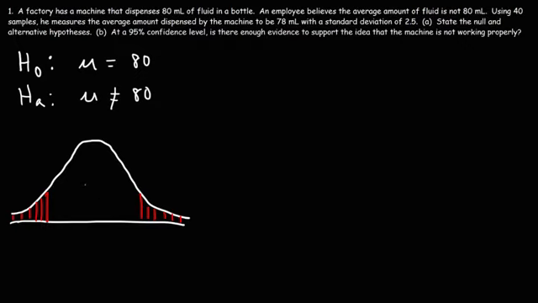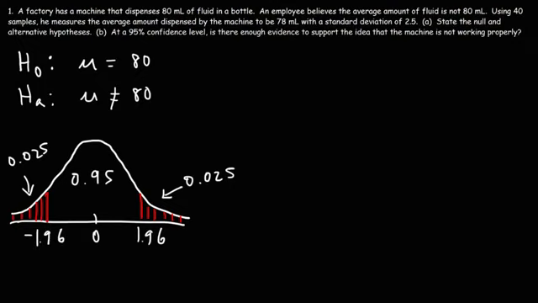Now the confidence level is 95%, so that's 0.95, which means the area of the shaded region is 0.025 on both sides. Now the z-value that corresponds to a 95% confidence level is 1.96. So these are the critical values.